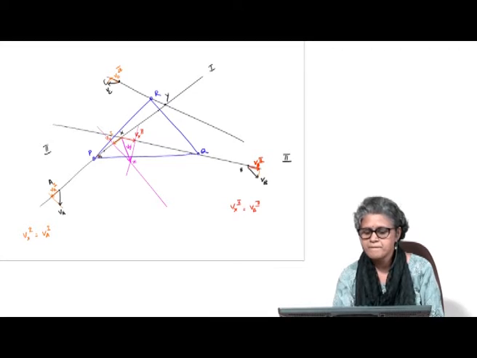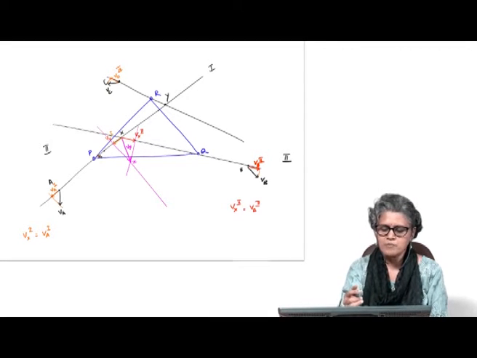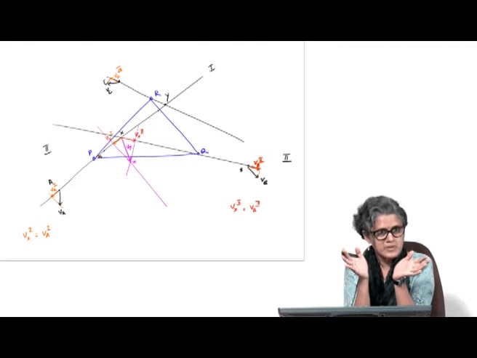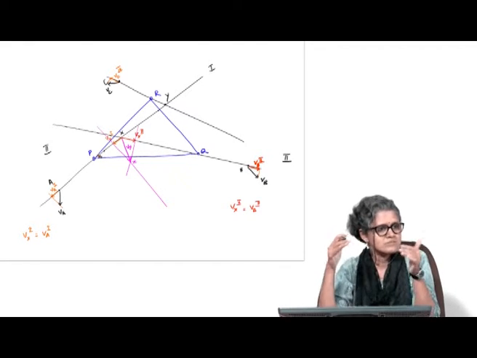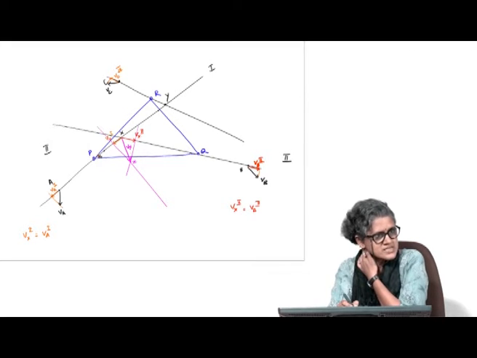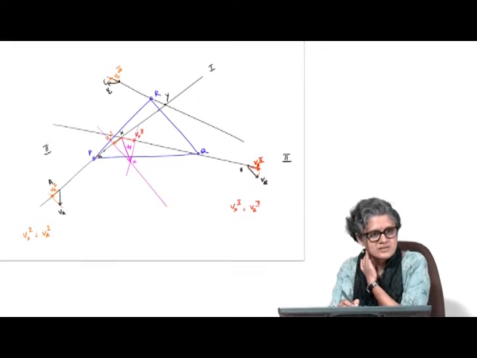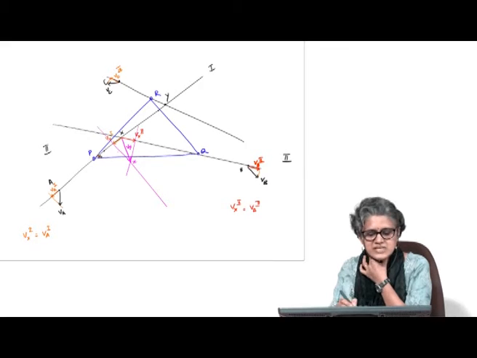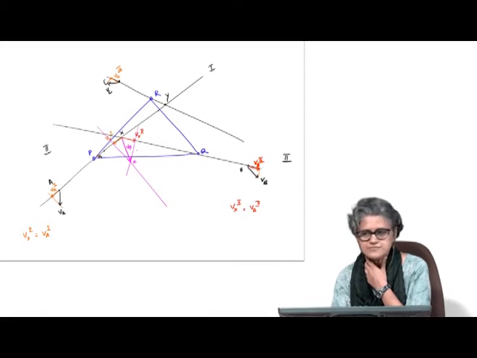I'm splitting it into two perpendicular components. I know components along two directions, which means this vector will be at the intersection of the perpendiculars to those two components. So that gives me the velocity of x.